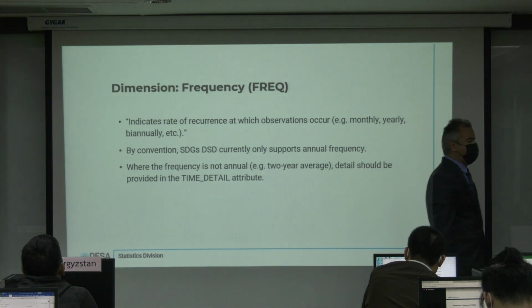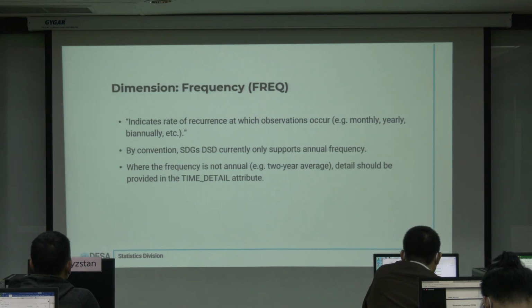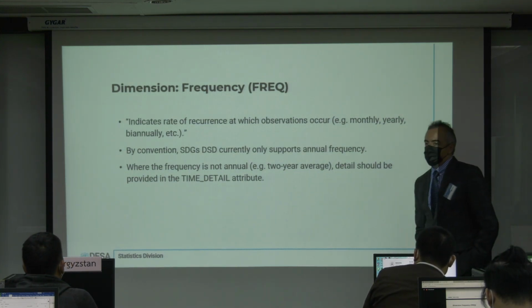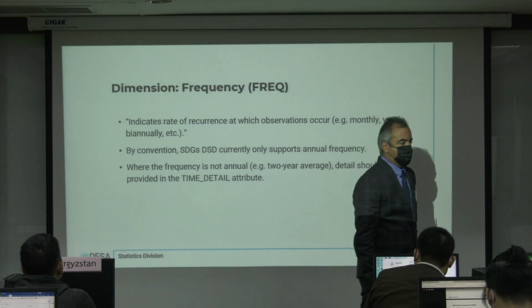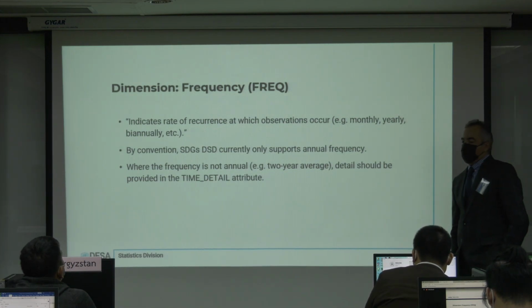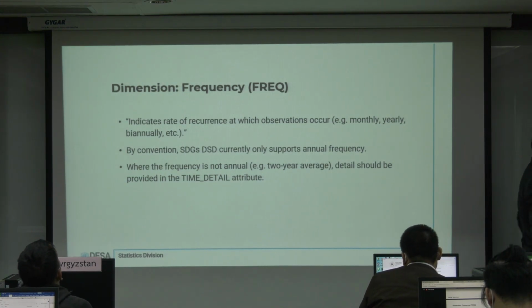I talked about that before. The rate of occurrence of observations like annual, monthly, quarterly, and so on. The important thing to remember is for the SDG data exchange, you always use the annual frequency. You use frequency A, which means that in principle you don't need that dimension in the first place, which is correct, but again, for compatibility purposes, this dimension is included.